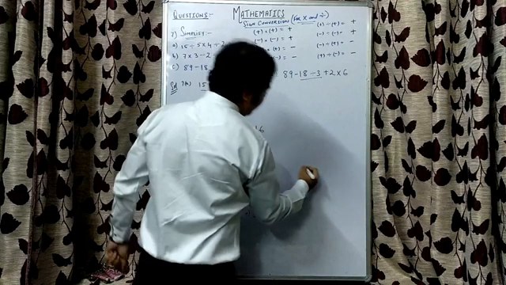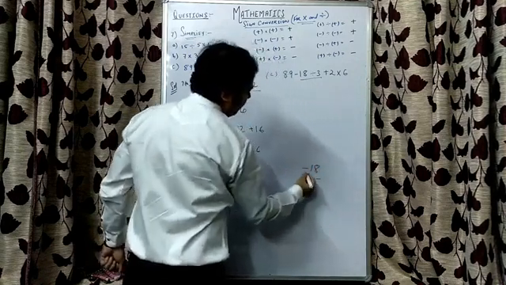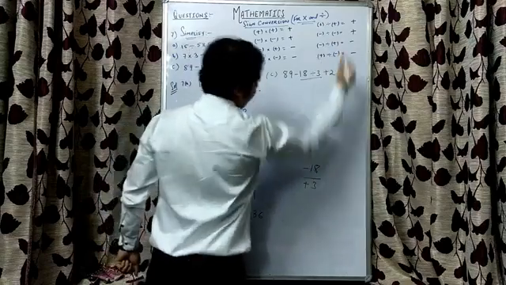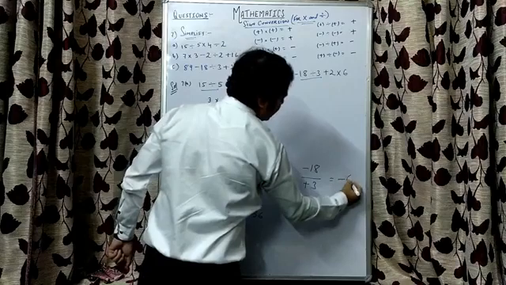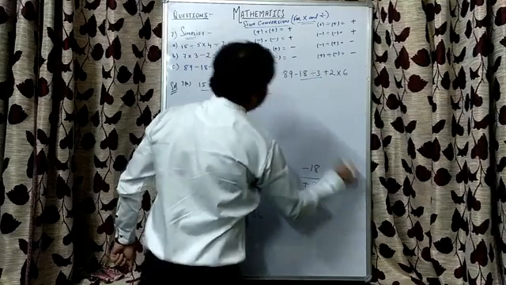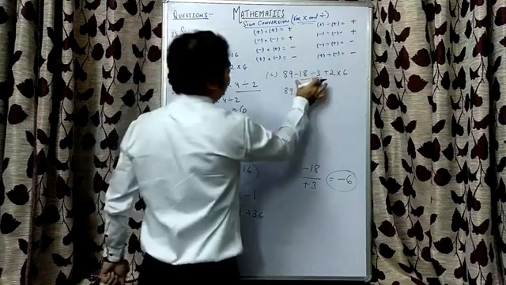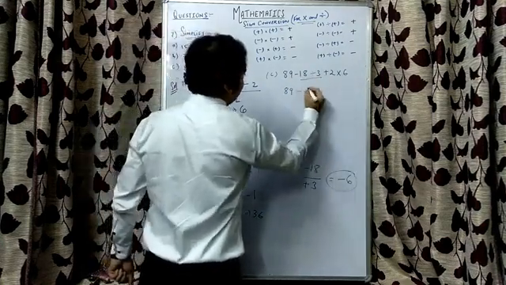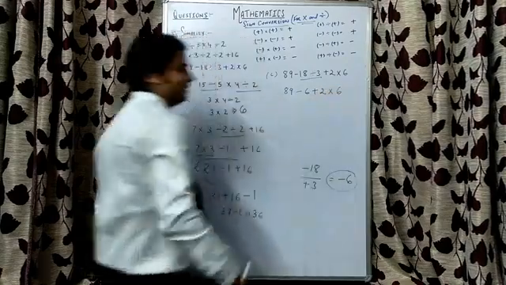Minus 18 divided by 3. Again, minus divided by plus will give me a minus sign. 18 divided by 3 will give me 6. So answer will be minus 6. So 89 I will write as it is. In this place I will be writing minus 6. Rest of the terms will remain as it is.